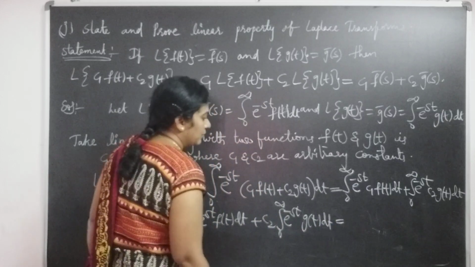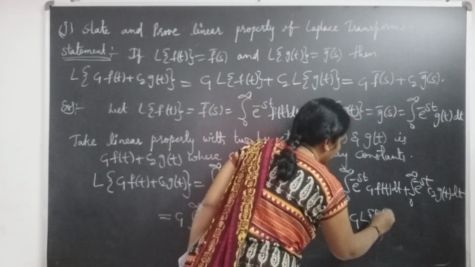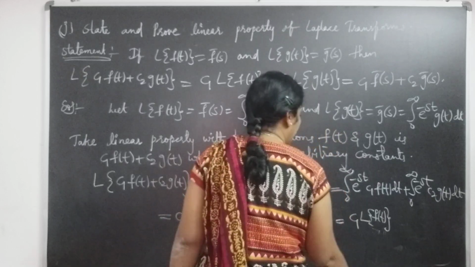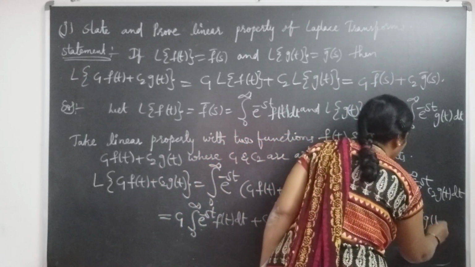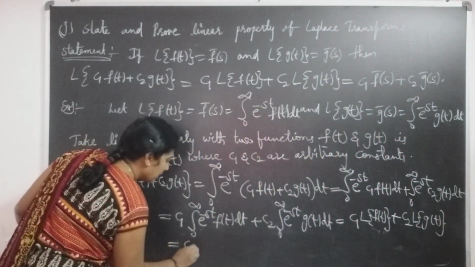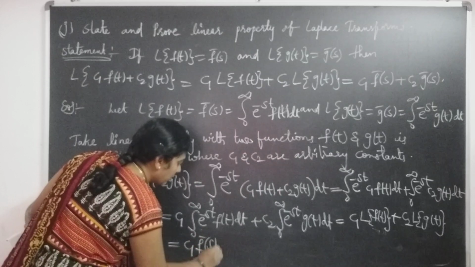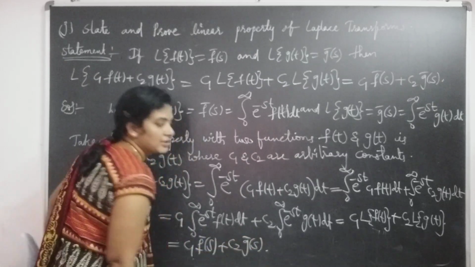This is equal to c1 times the Laplace transform of f of t plus c2 times the Laplace transform of g of t, which is c1 f bar of s plus c2 g bar of s.